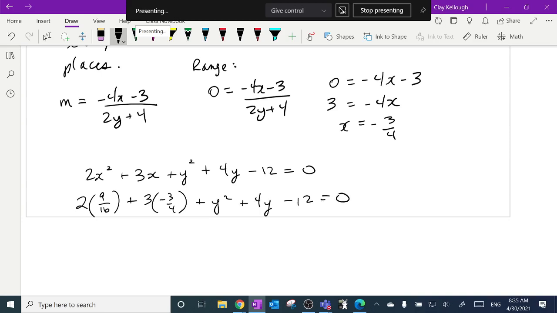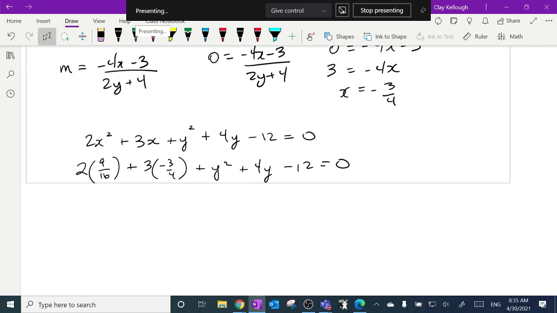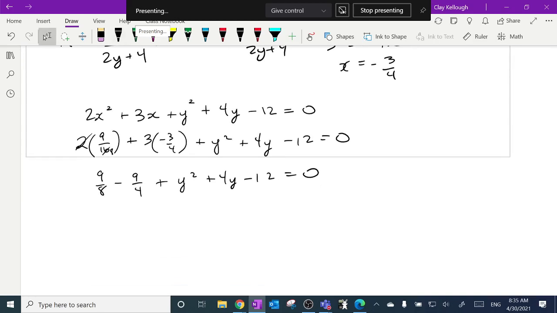And my goal is I have to solve this equation for y. So that's going to make that 9/8. 9/8 minus 9/4 plus y squared plus 4y minus 12 equals 0. All right, I guess the common denominator I need is 8ths. So I have y squared plus 4y.